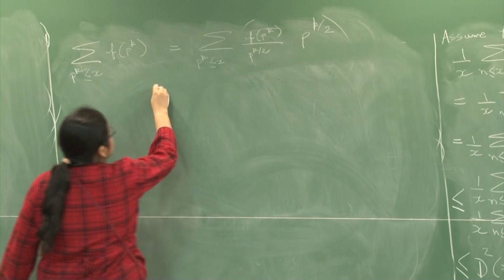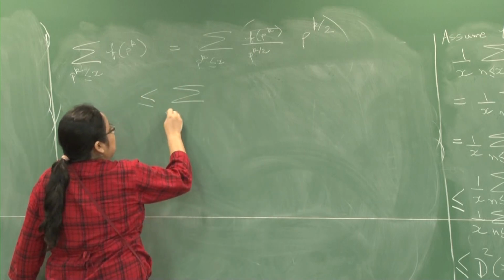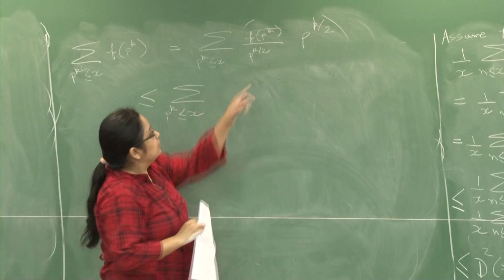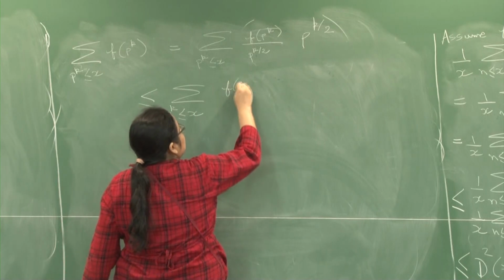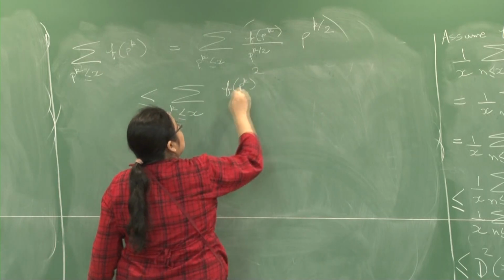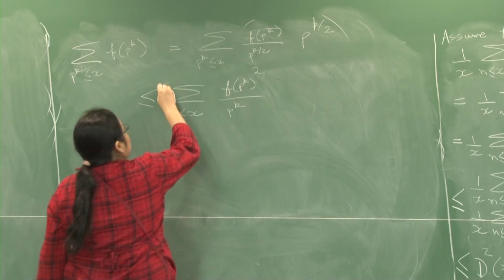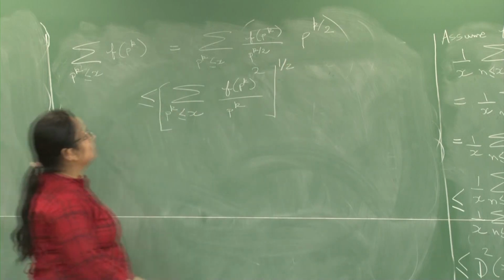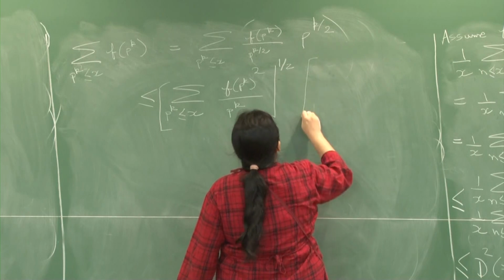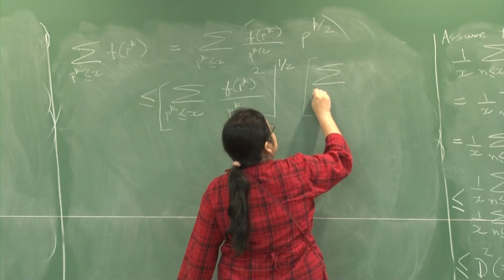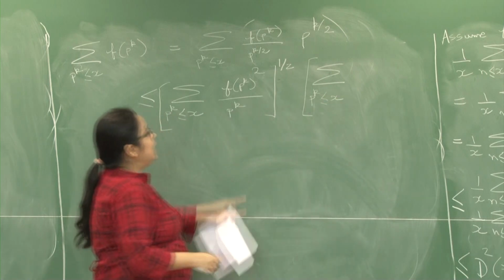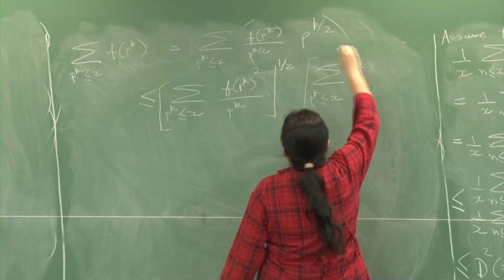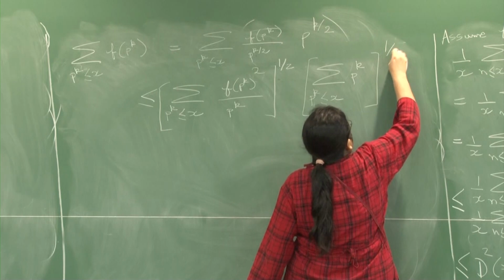So this will be less than or equal to summation p to the k less than or equal to x, square of this over p to the k, and the whole thing raised to the half, times summation p raised to the k less than or equal to x, again square of p raised to the k by 2, which is p to the k, raised to the half.